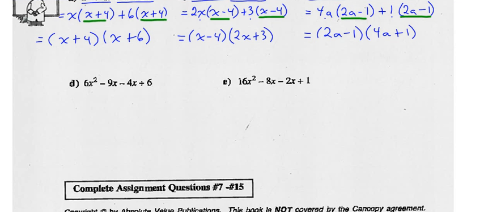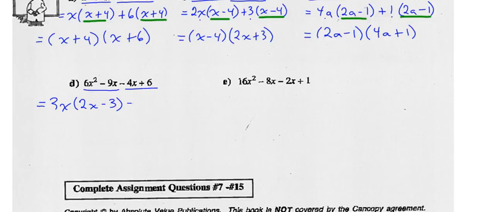Let's look at D. Common factor of the first two terms looks like it's going to be a 3x. 6x squared divided by 3x is 2x. And negative 9x divided by 3x is a minus 3. Look at your last two terms. The common factor of negative 4x plus 6. Usually if the first term is negative, I'm going to factor out a negative sign.